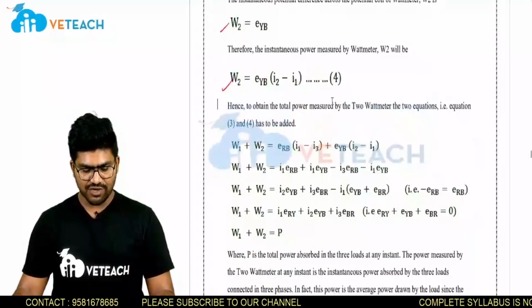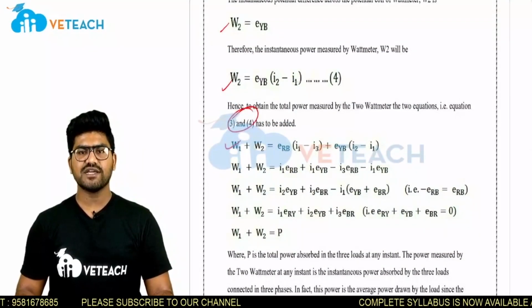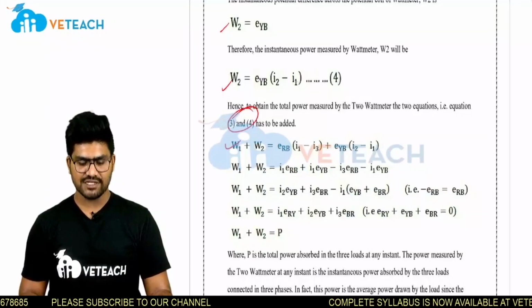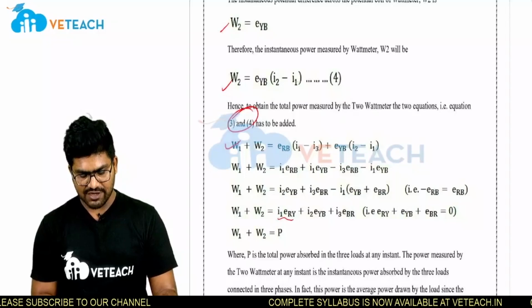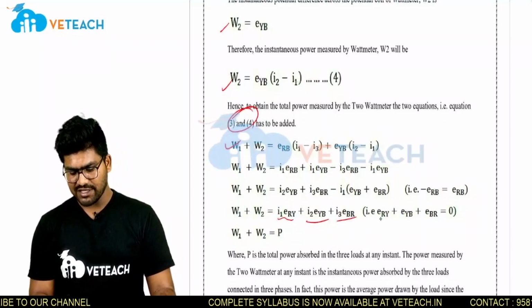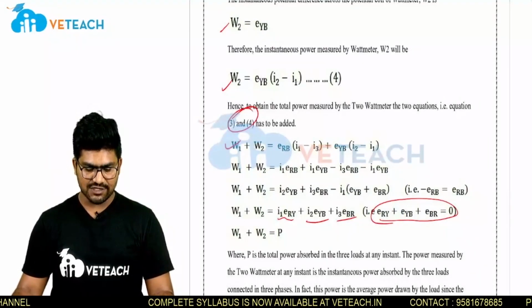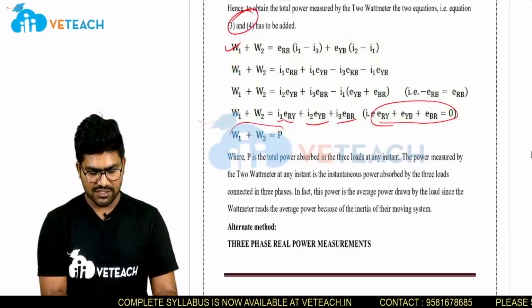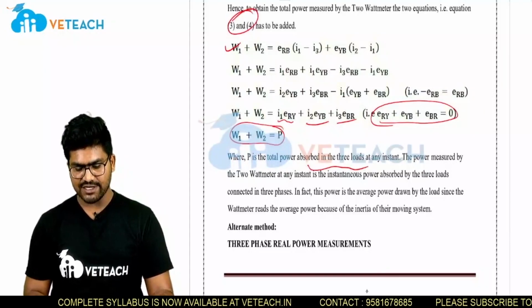From equations 3 and 4, if I add these two equations, ERB into (I1 minus I3) plus EYB into (I2 minus I1), I get W1 plus W2 as I1 ERY, I2 EYB, I3 EBR. Since ERY, EYB, EBR sum to 0 in delta connection, W1 plus W2 is P, where P is the total power observed in the 3 loads at any instant.